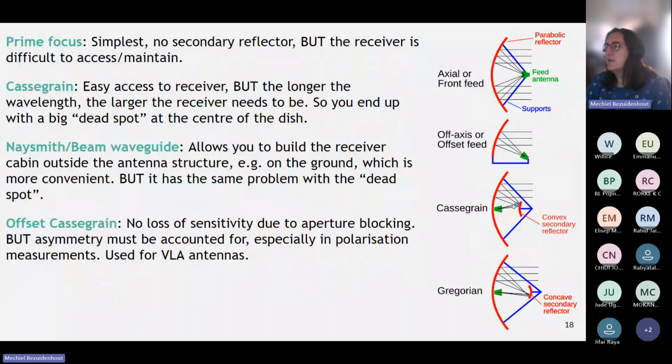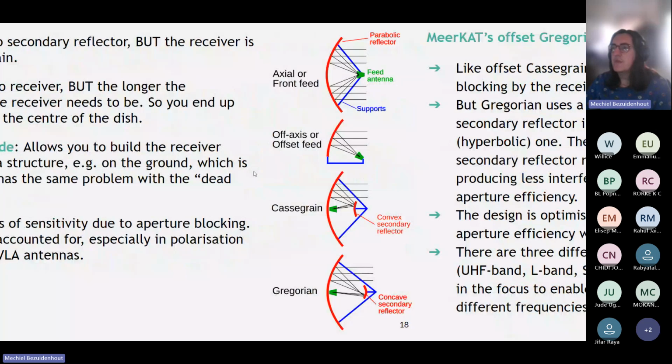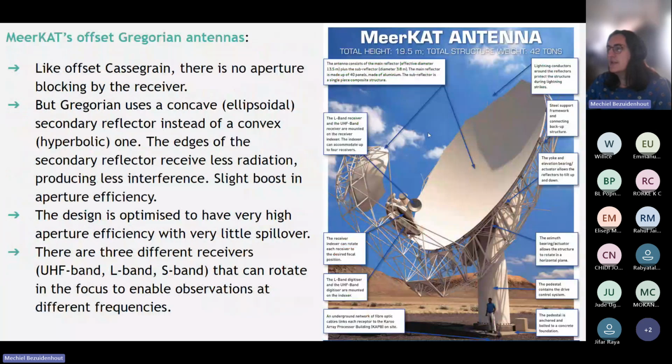And the difference between the Cassegrain and Gregorian antenna is that in the Cassegrain dish, the secondary reflector is convex, so it's curved outwards, and in the Gregorian telescope, it's concave. It's turned inwards. So Meerkat uses an offset Gregorian type dish.